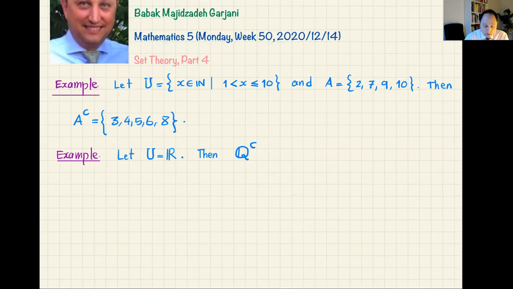How do you read this? Q complement means the numbers that are in the universal set, so the numbers that are real, but they are not in the set of rational numbers. So it means all real numbers that are not rational. So what is that set? The set of irrational numbers. And that is denoted by this I. Let me emphasize, I is the set of irrational numbers.